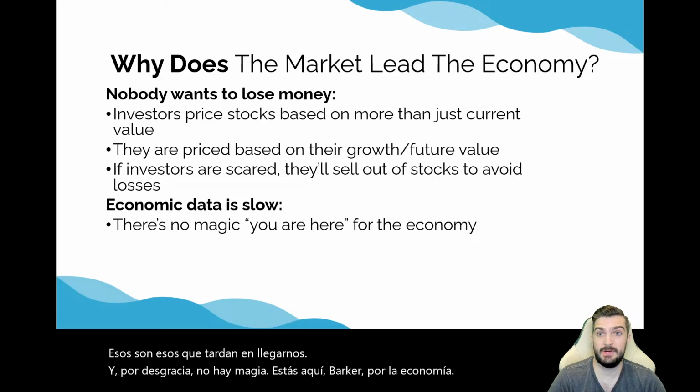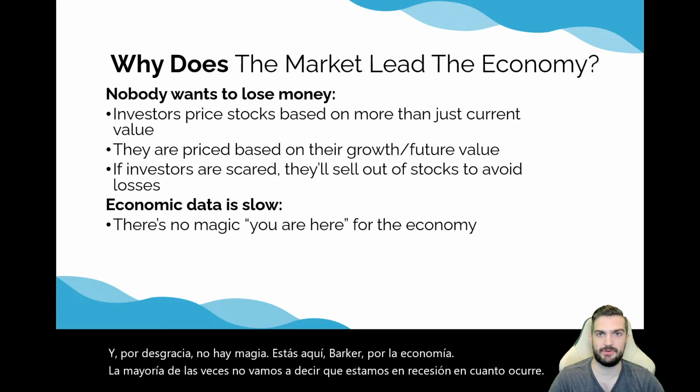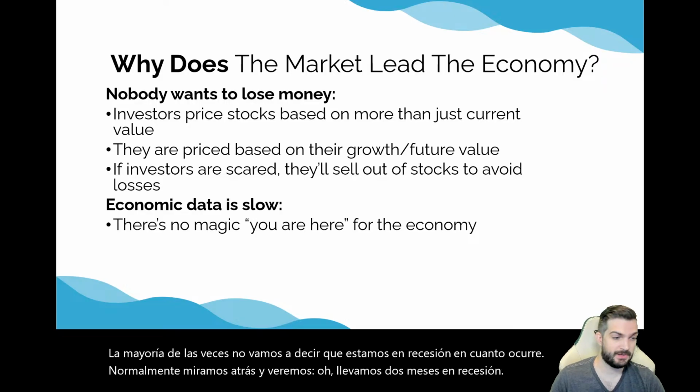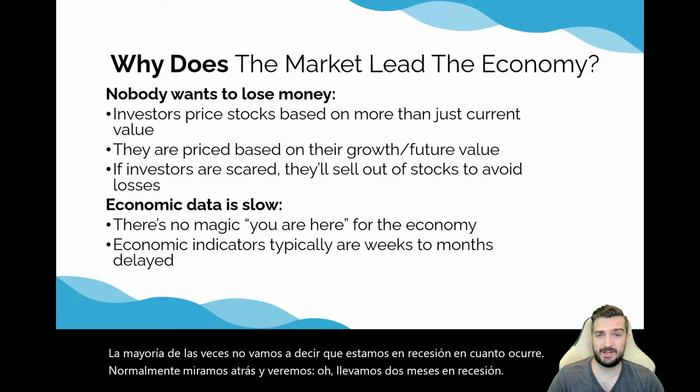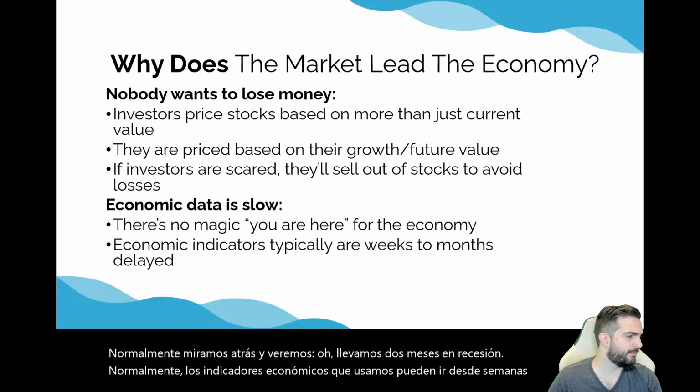Most of the time, we are not going to say we are now in a recession the minute it happens. Typically, we're going to look backwards and see, oh, we've been in a recession for 2 months now. Usually, economic indicators that we use are anywhere from weeks to months delayed. Let me show you an example.